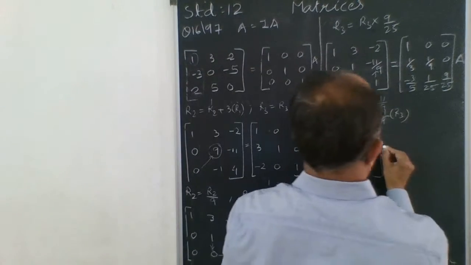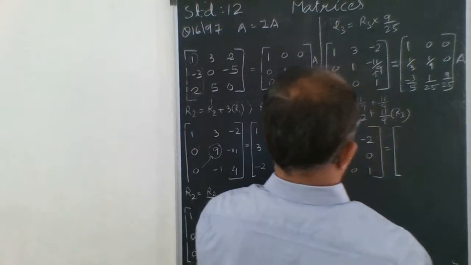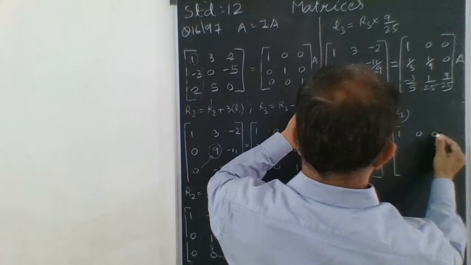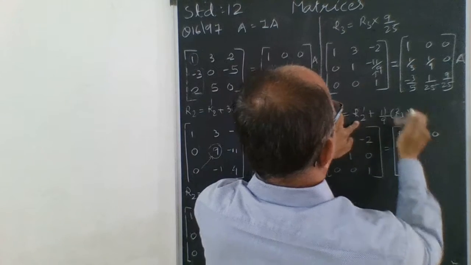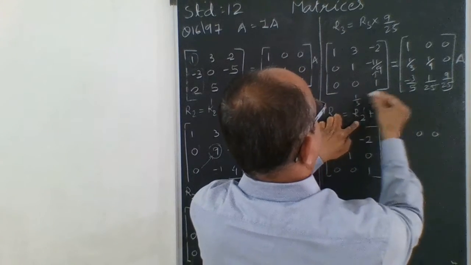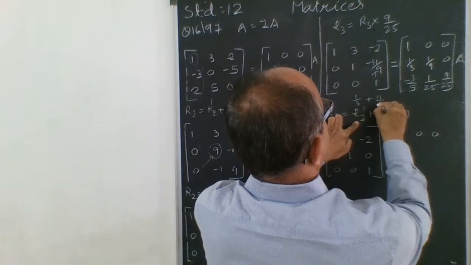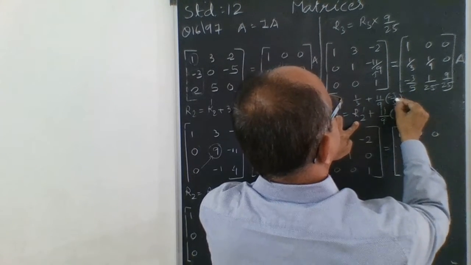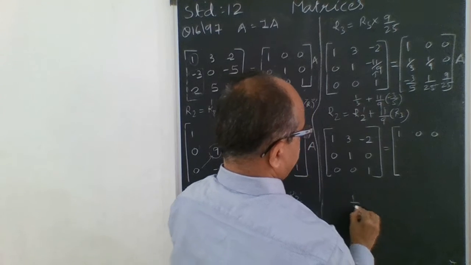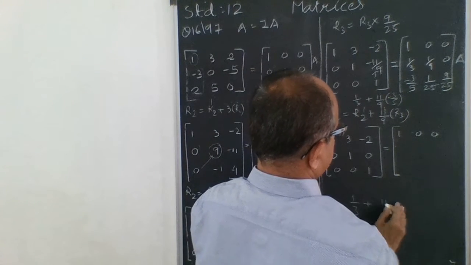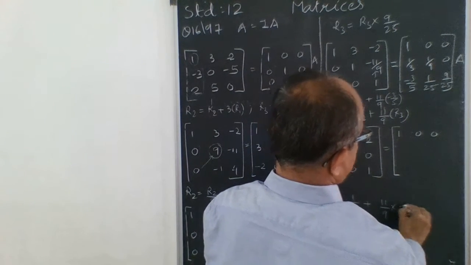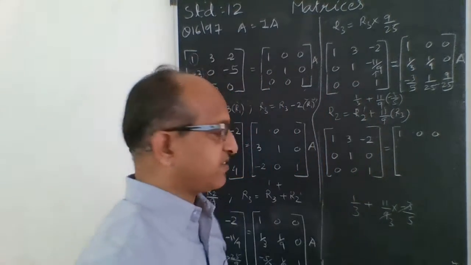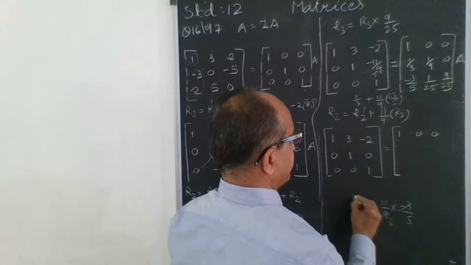Same operation we have to do here also. We are doing only with the R2. So 1, 0, 0. R2 is what? 1 upon 3 plus 11 upon 9 into R3, that is minus 3 upon 5, right? So here 1 by 3 plus 11 upon 9 into minus 3 upon 5, 3 3s are 9, so the LCM will be 15, so into 5.